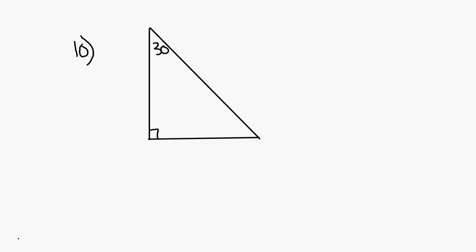Yesterday we said that in a 30, 60, 90 triangle, the short leg is equal to the hypotenuse divided by 2. So your short leg is 4.5. We said that the long leg was equal to the short leg times the square root of 3. So your long leg is 4.5 times the square root of 3.